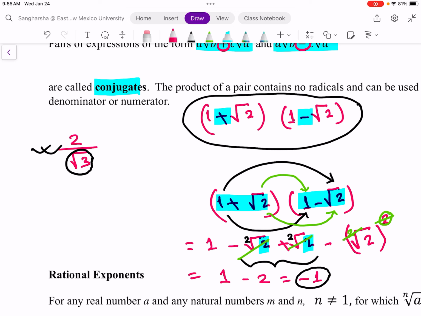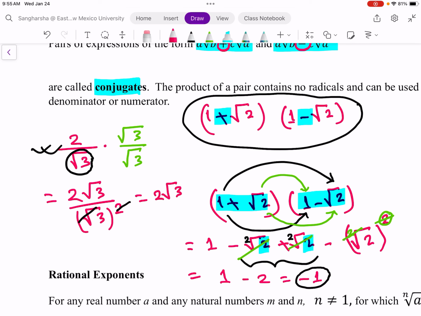So we multiply here by the square root of 3 in the numerator and denominator, and the reason is that we want to make our denominator a rational number. So this is 2 times root 3, that is 2 root 3, and root 3 times root 3 is root 3 squared. So you can cancel the square and square root. We are left with 2 square root of 3 divided by 3, and this is our final answer.